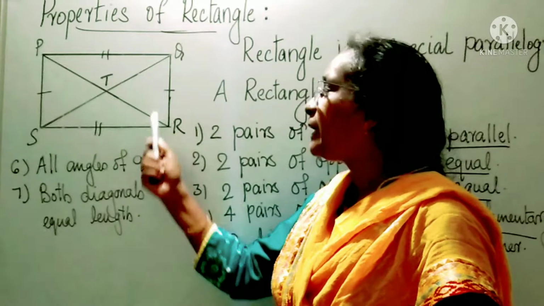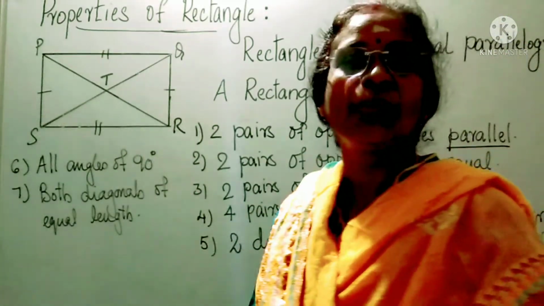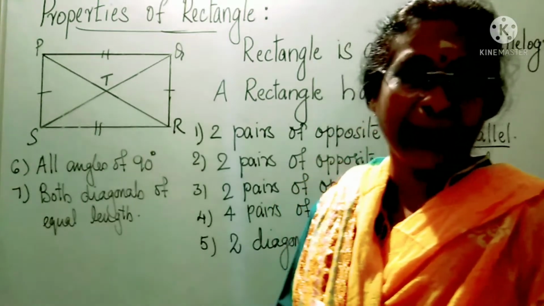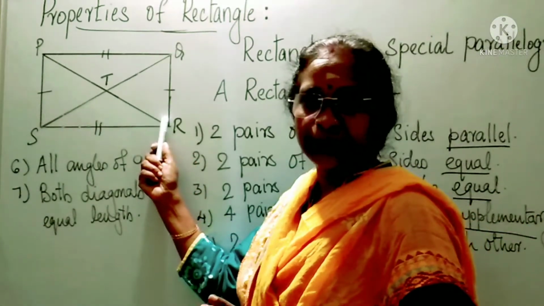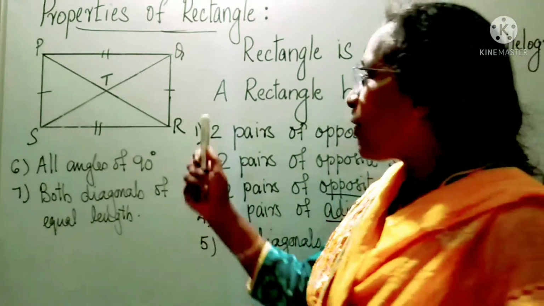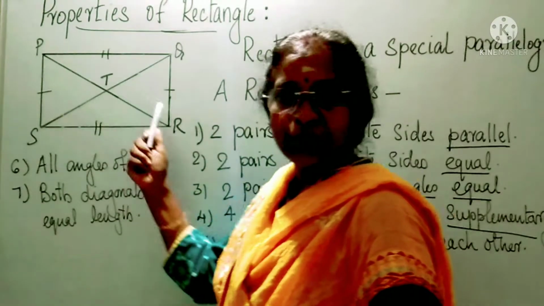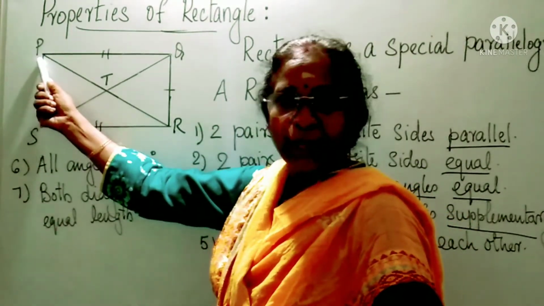This 90 degree. Now see children, if one angle is 90, automatically all four angles must be 90. Why? You see, if this angle is given 90 degree, then according to the property of parallelogram, opposite angles should be equal. So, if this is 90, this must be 90. Okay.